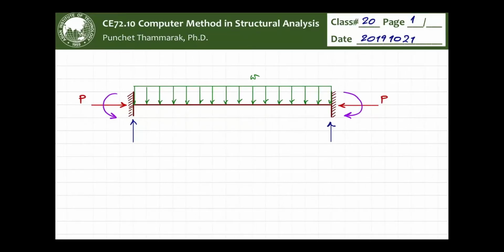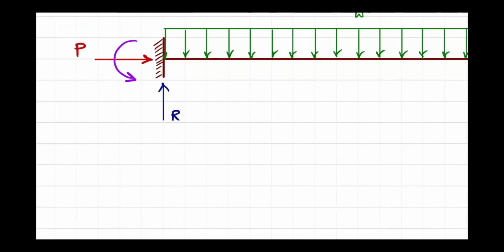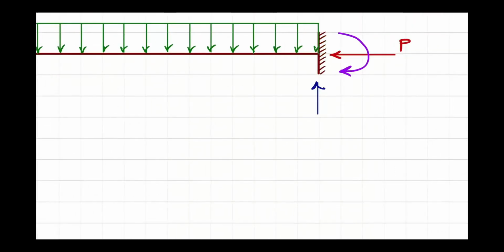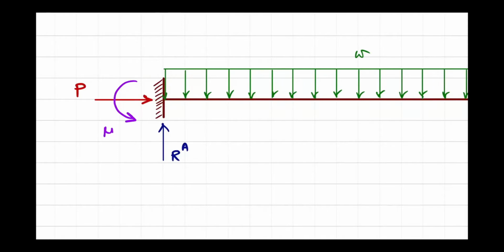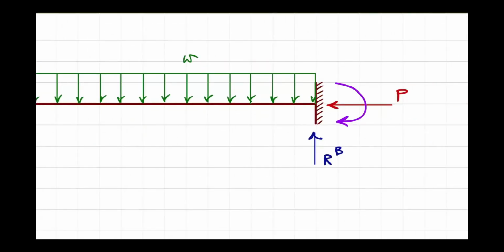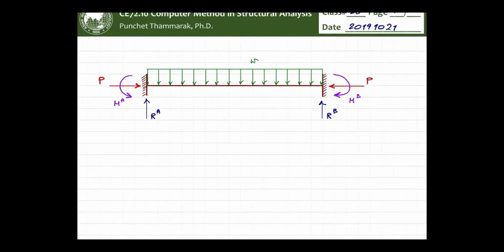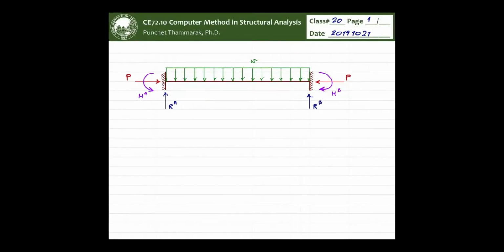So we have the RA, RB, we have the moments MA, MB. And then we will set up the differential governing equation for this beam subjected to the applied uniform load.